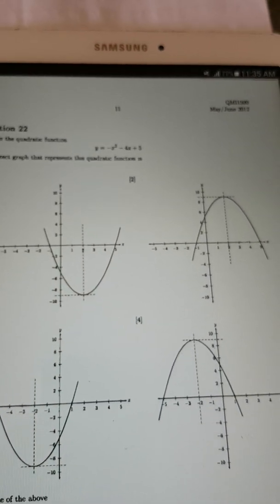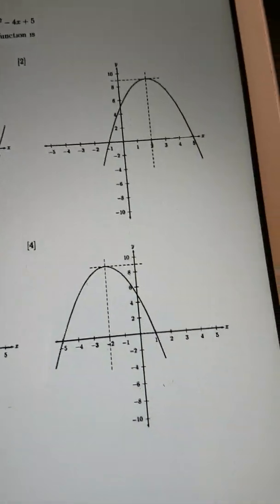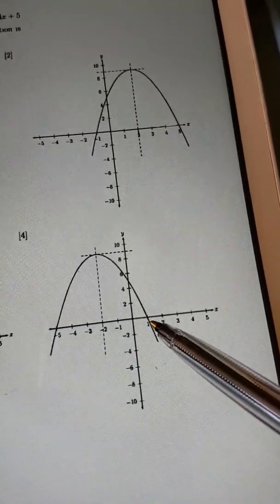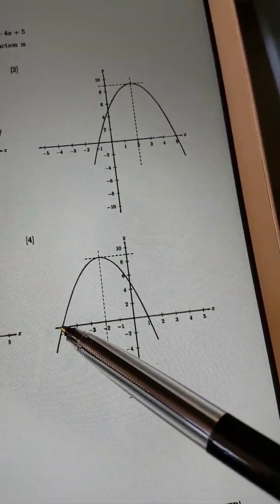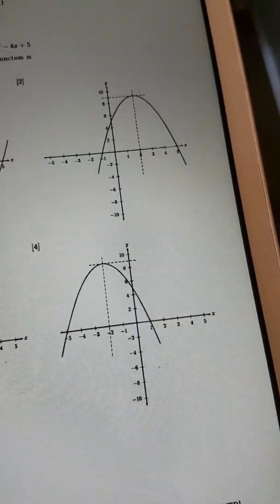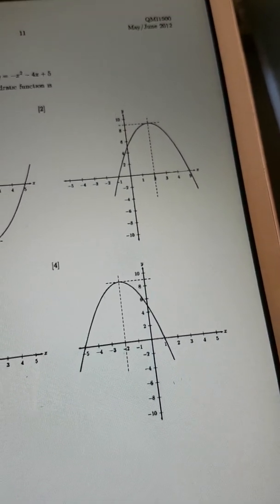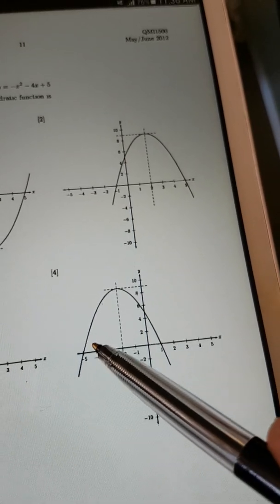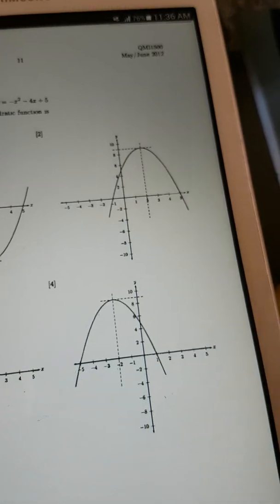Let's talk about the x-intercepts. Do you see on graph number 4, we have the x-intercepts where it's intercepting x at 1 and x is being intercepted at what? At -5 again. So what does this mean? This means that we need to calculate and verify whether the graph is going to intercept at -5 and +1.